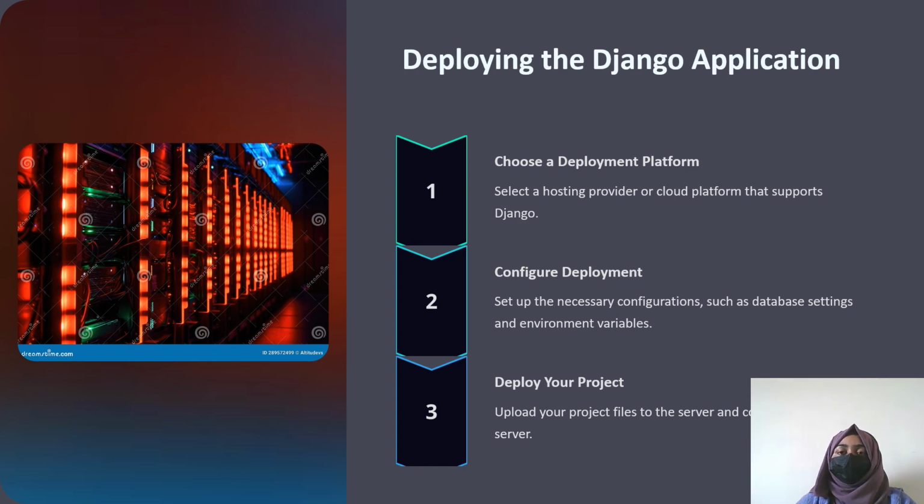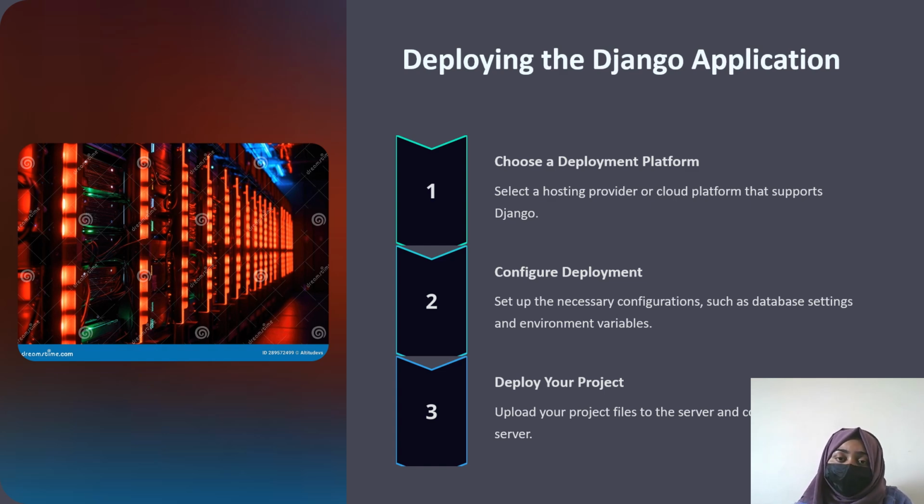Basically, deployment of a Django application is similar: once the application is done, we need to test it ourselves first, and then deployment is possible, because if there are any issues, it will end up as a failed project.